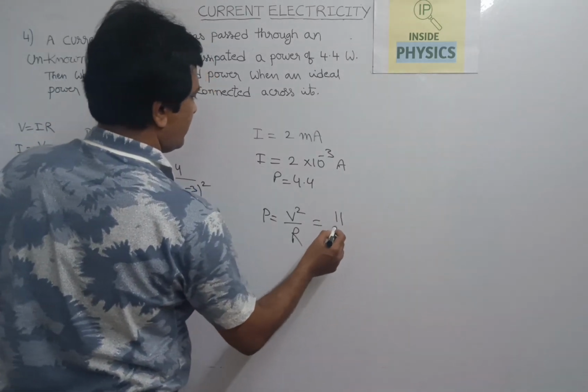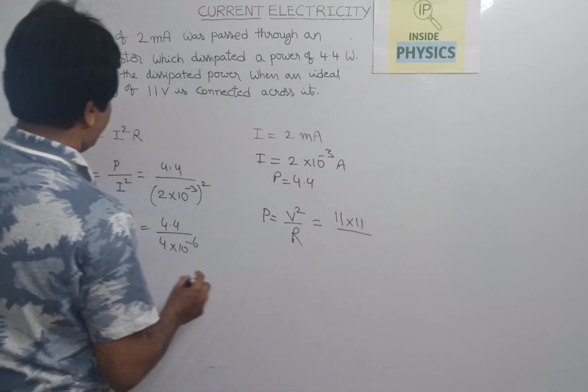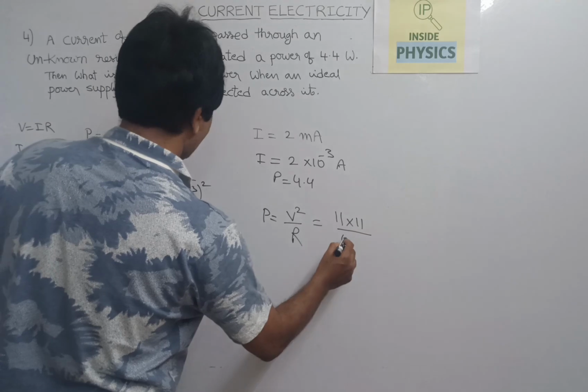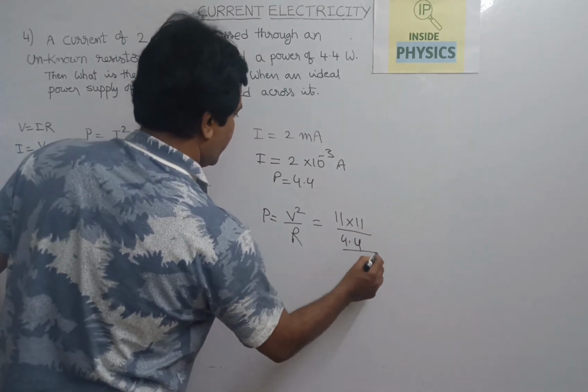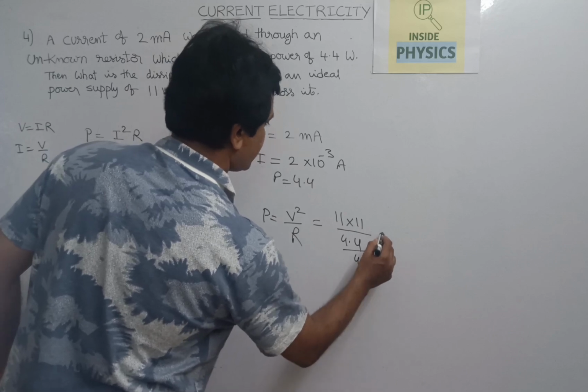So 11 square, that means 11 into 11, divided by the resistance, which is nothing but 4.4 by 4 into 10 to the power of minus 6.